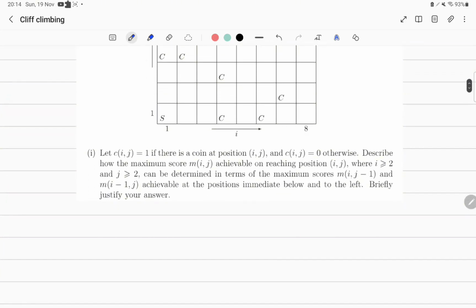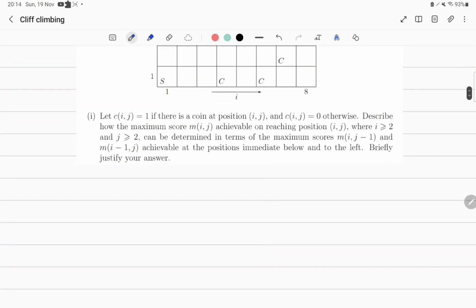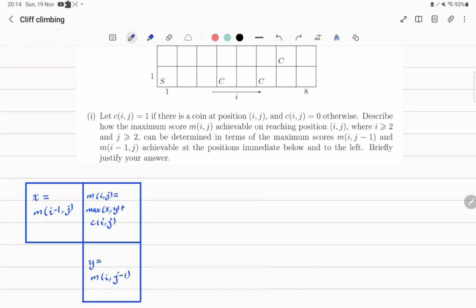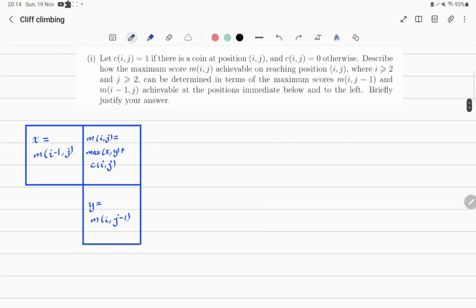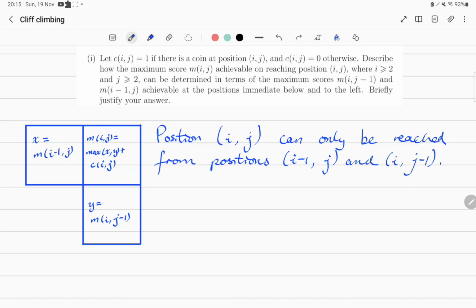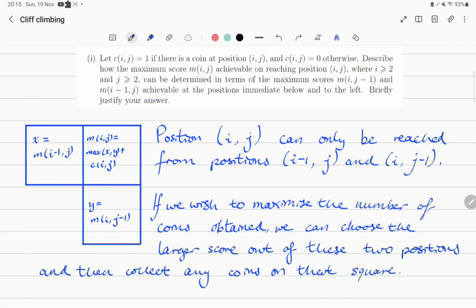I'll start my solution by drawing a simple graph here. I'll consider the point IJ, the point to the left, I minus 1 J, and the point directly below, I J minus 1. We can see from here that the point IJ can only be accessed by the points I've labelled X and Y. These are positions I minus 1 J and I J minus 1.